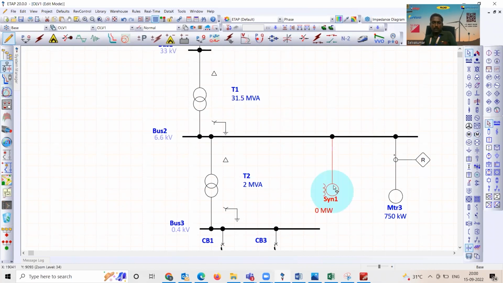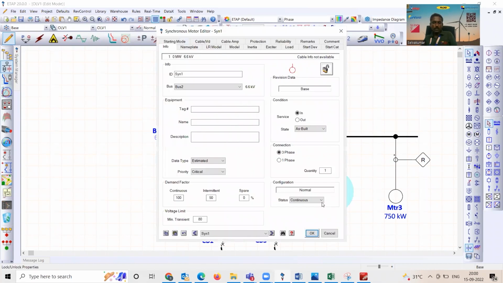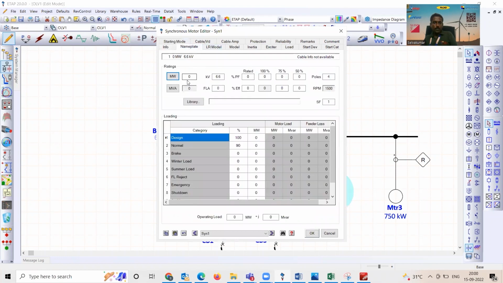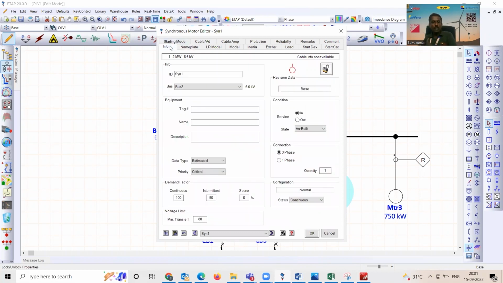You can decide what mode it has to operate in. For example, if I'm putting a 2 megawatt motor at 6.6 kV, it can operate in different modes, like MVAR control or power factor control. If you put it in power factor control and set the power factor as unity, it will not really consume any reactive power.